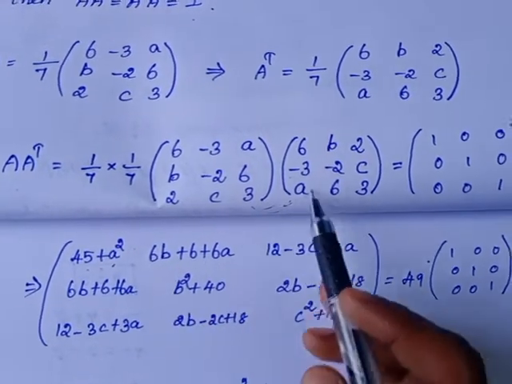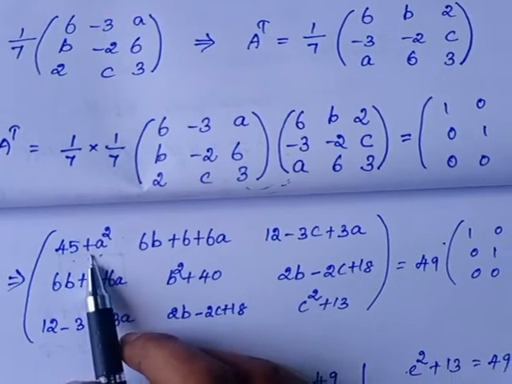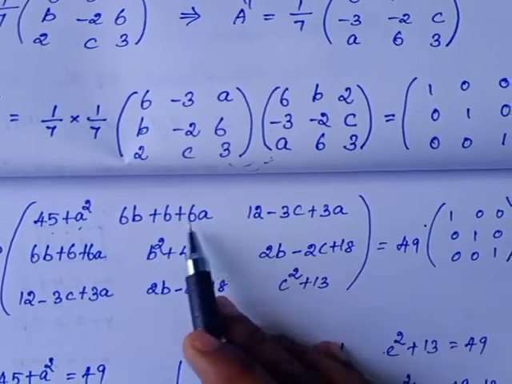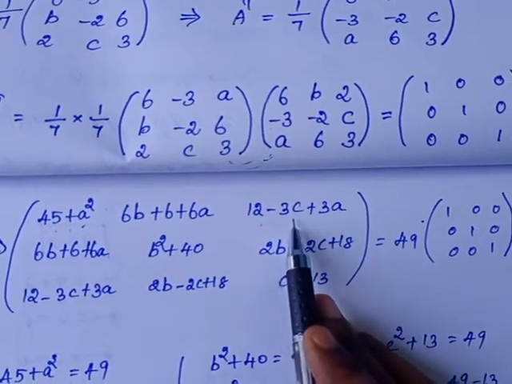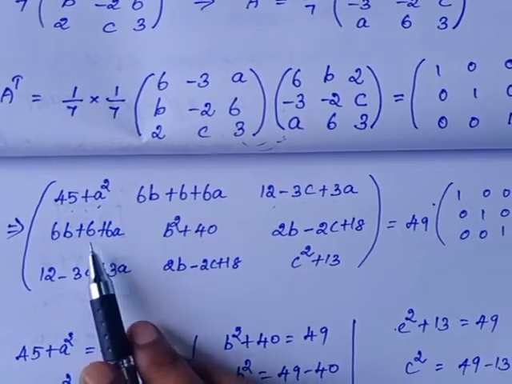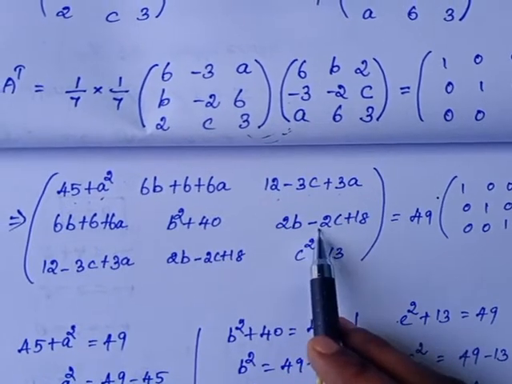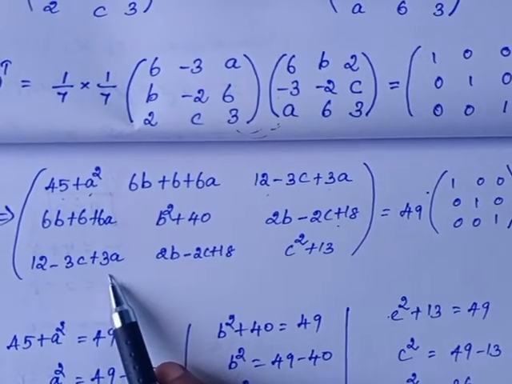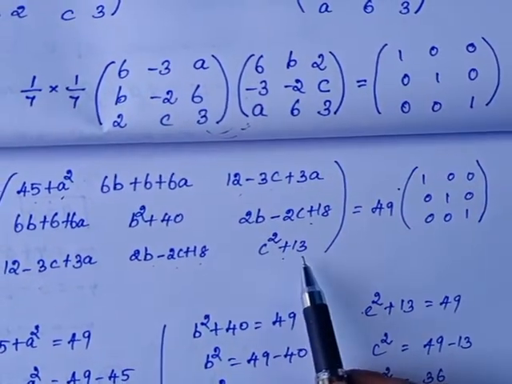In the same way we multiply the matrices and get: 45 plus A square, 6B plus 6 plus 6A, 12 minus 3C plus 3A; 6B plus 6 plus 6A, B square plus 40, 2B minus 2C plus 18; 12 minus 3C plus 3A, 2B minus 2C plus 18, C square plus 13.